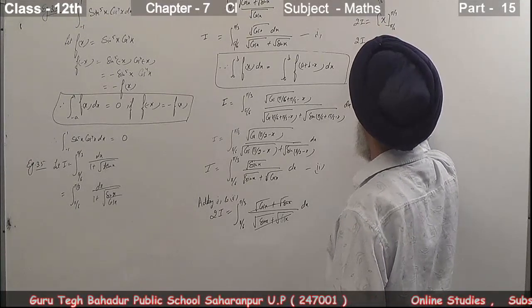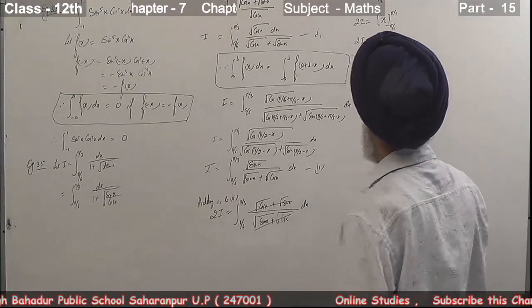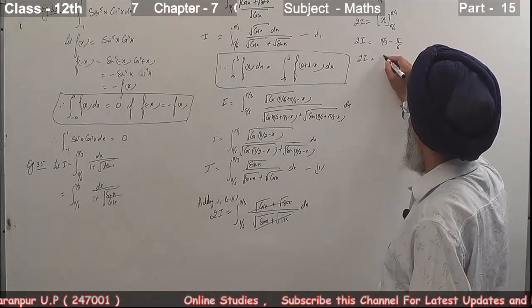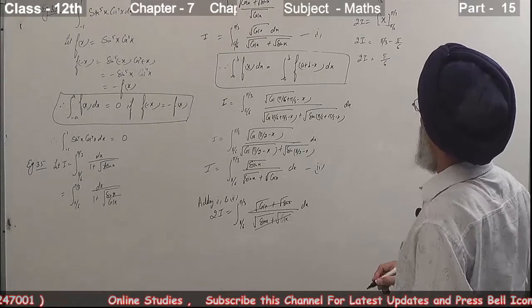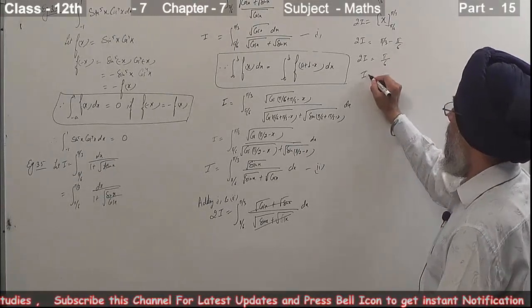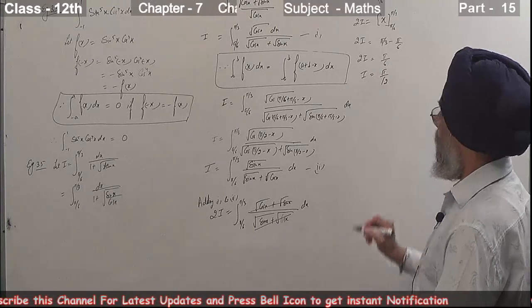It is pi by 3 minus pi by 6, it becomes pi by 6, 60 minus 30 is 30, so I becomes pi by 12. That is the answer.